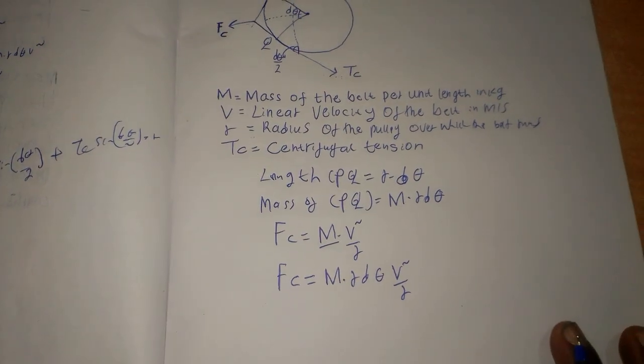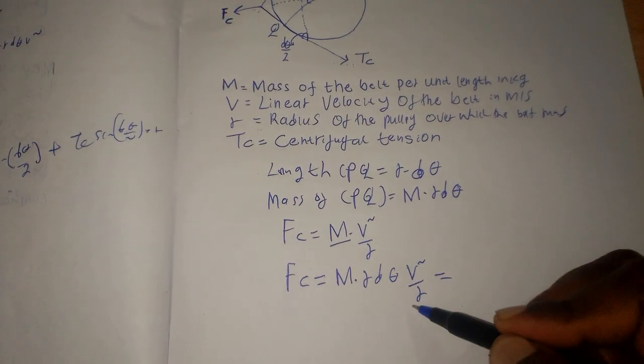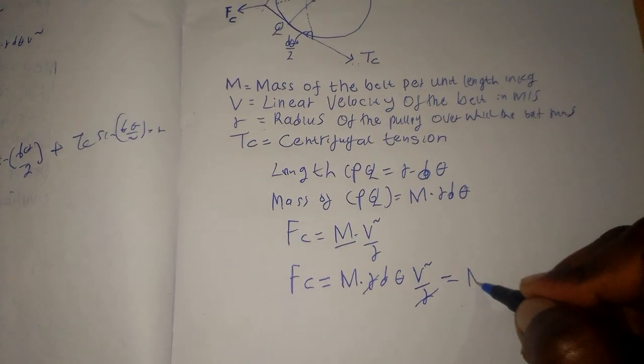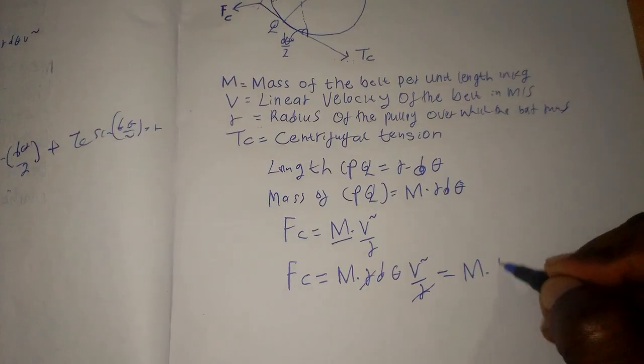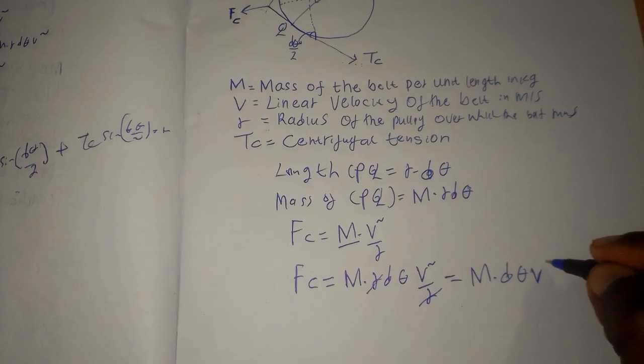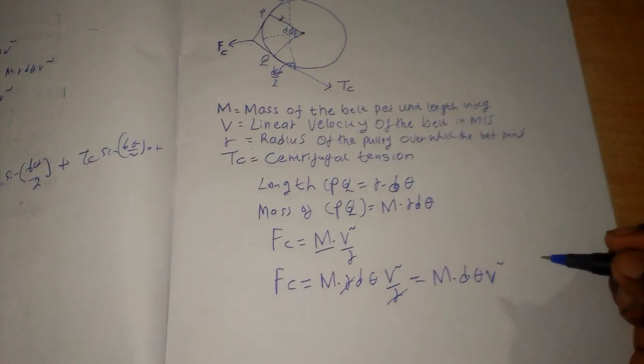Now that is going to be our centrifugal force, which, when we cancel this with r, is going to be m d theta v squared. Now that is our centrifugal force.